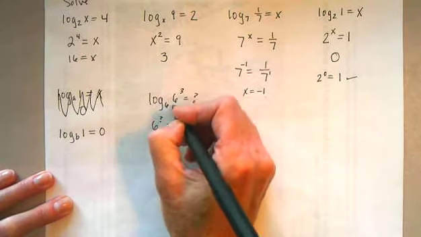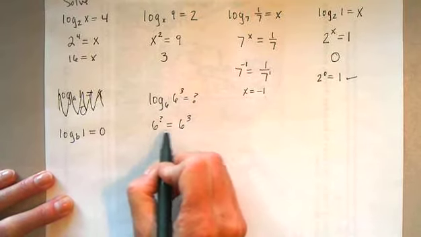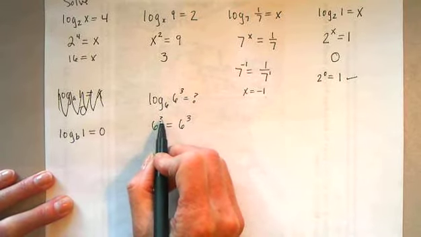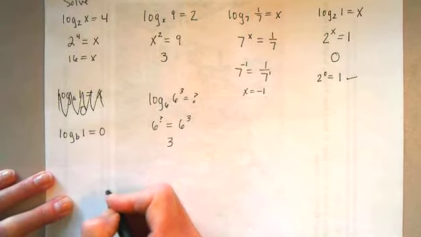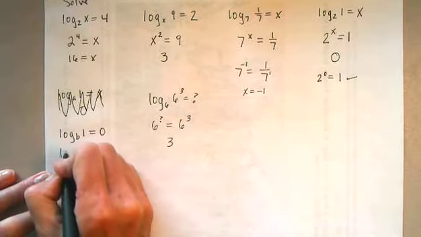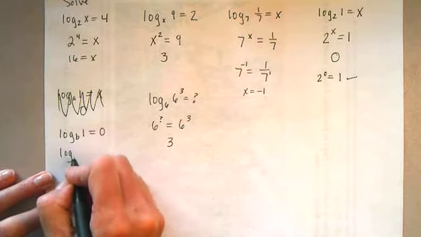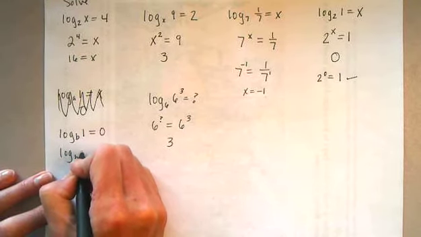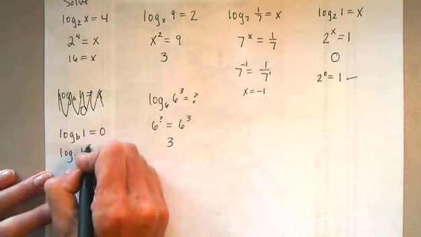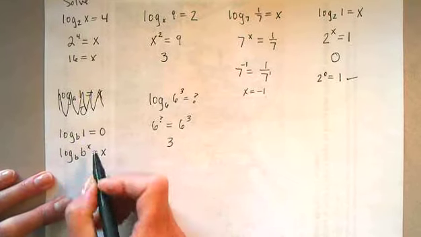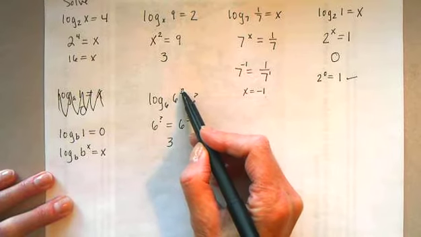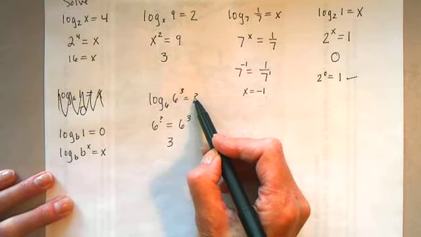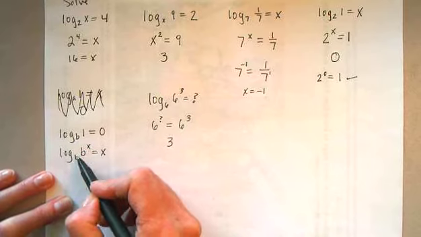So for those to be equal, we know that the question mark has to be 3, doesn't it? And so that's your next rule, log base b of b to the x equals x. So just like we saw right here, if this is 6 and this is 6, then this and this are also the same.